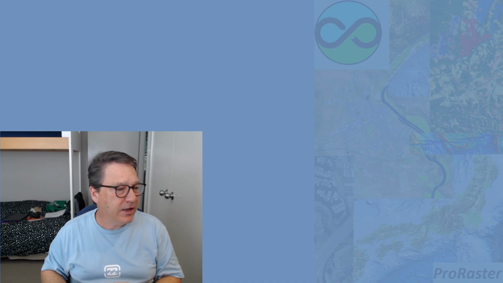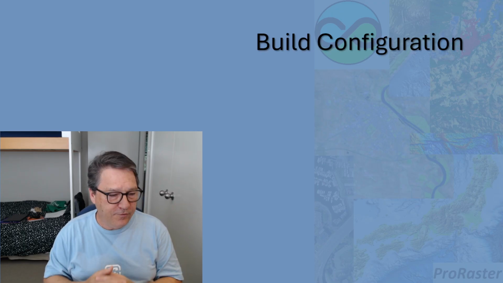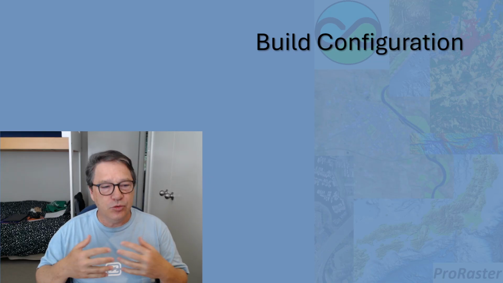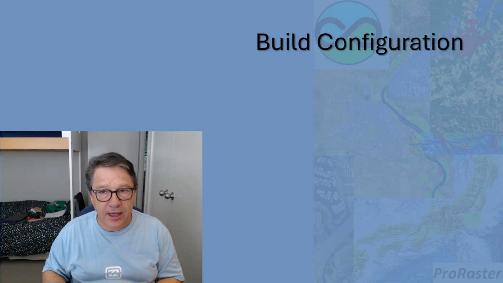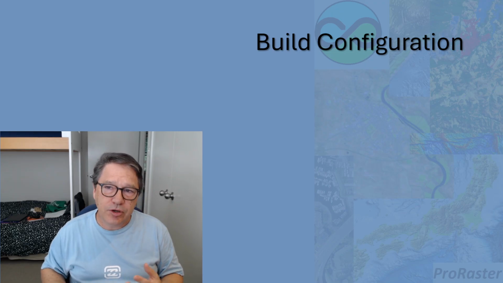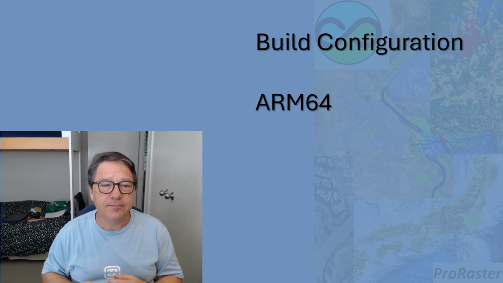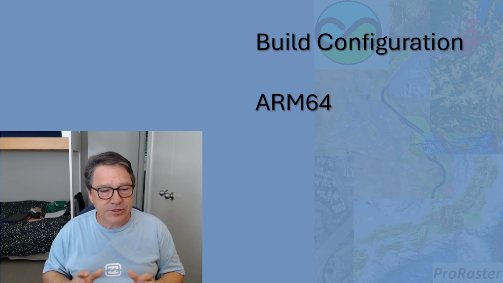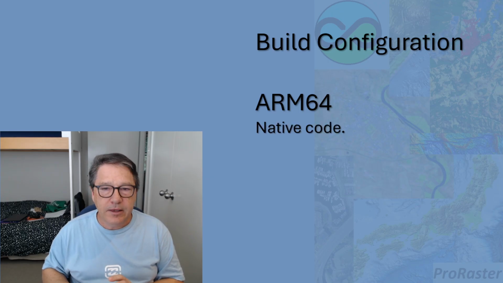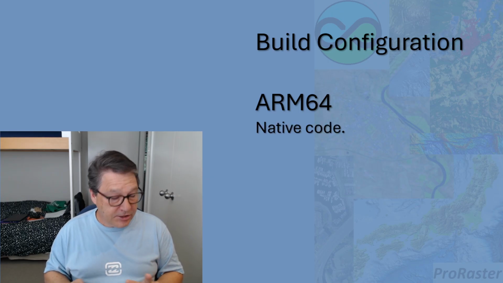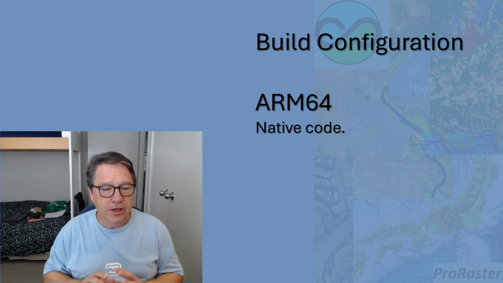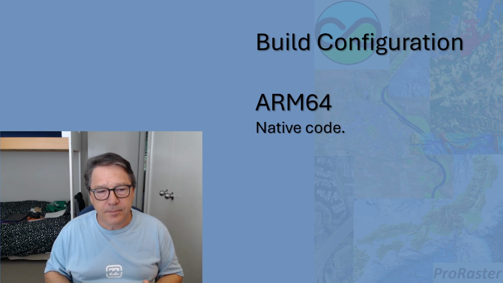So as a developer, that means I have to build different configurations of my software to run on different CPU architectures. So let's talk about what those build configurations are, specifically for ARM. So the first is ARM64. This is native code, and this is where you want to be. This is what you're aiming to produce on an ARM-based PC.